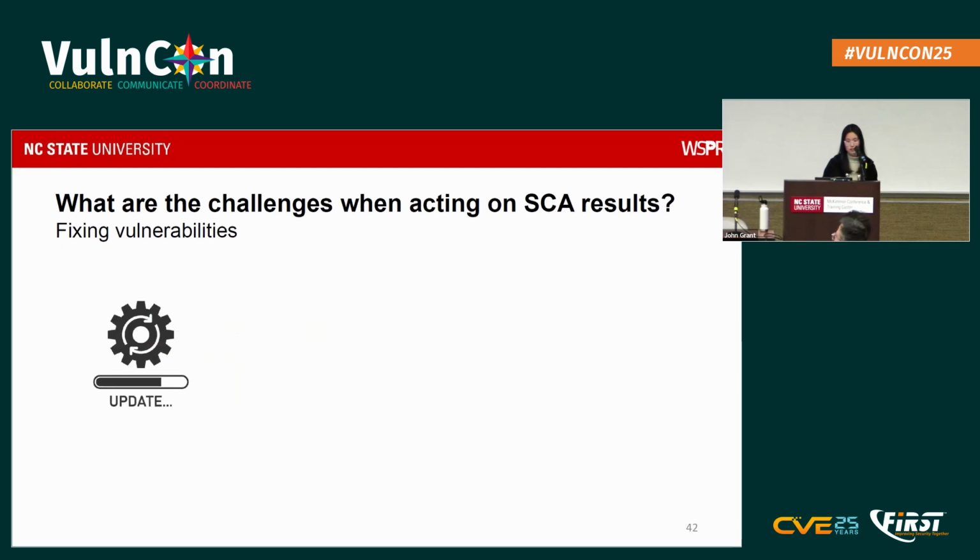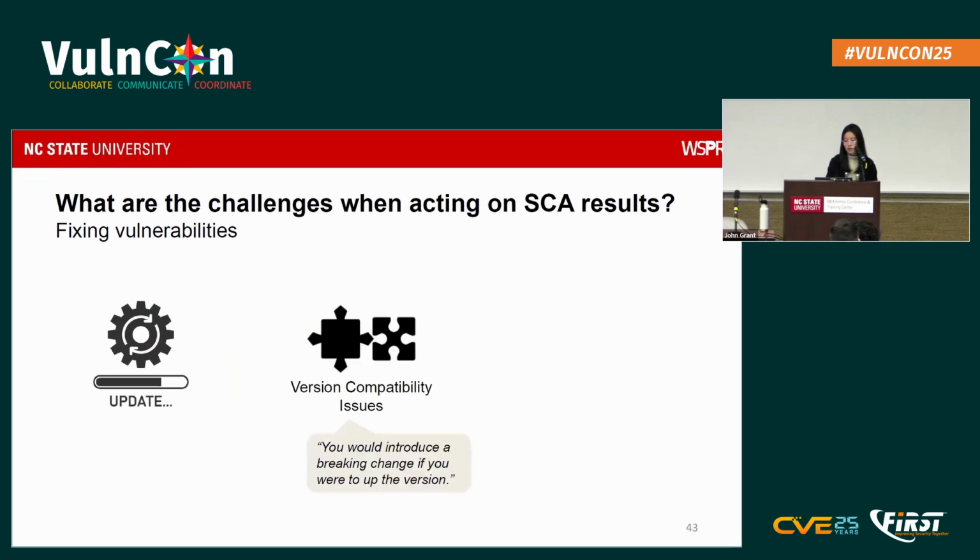Once you receive all these alerts, developers have to try to fix or resolve the vulnerabilities. The most common method is you just update the vulnerable library to a newer or non-vulnerable version, but that also comes with some issues. Some participants share if you just blindly update something, you might break your software.